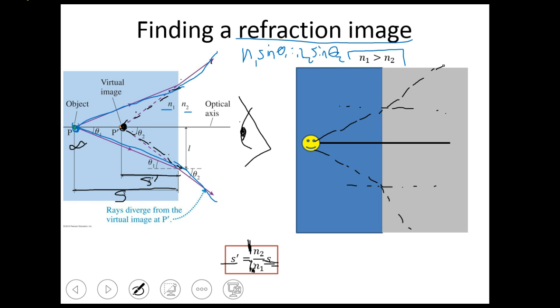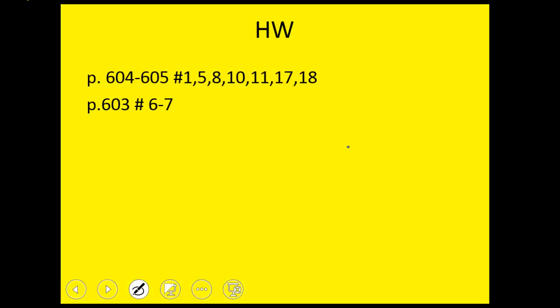And then to find where this smiley face actually is, I take these lines and I trace them back in as if they were never refracted at all. And what I see is a smiley face that appears much closer than the smiley face actually is in the water.